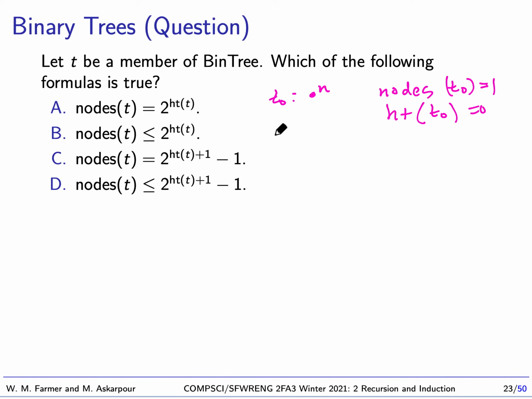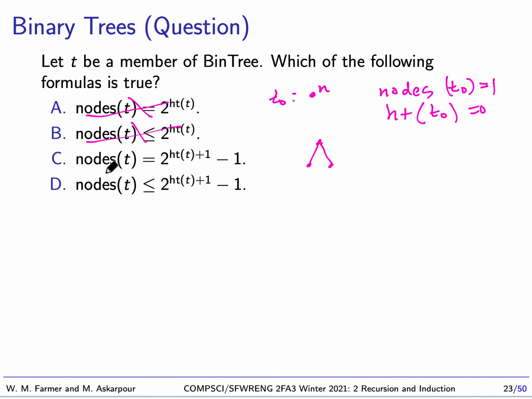So this looks like it works, but let's take a little more complicated tree, like this. The number of nodes here is 3, and the height is 1. So this would be 3 equals 2 to the 1. This does not work.